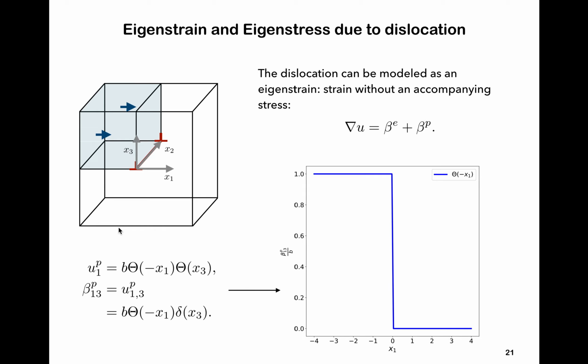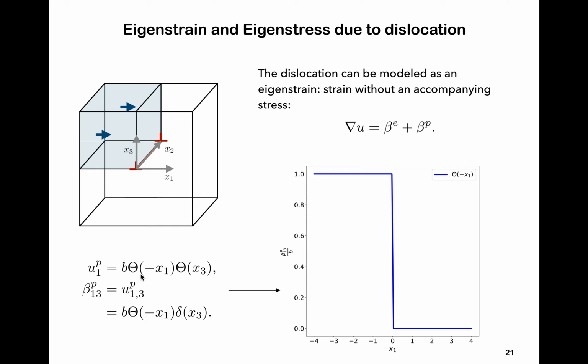This is still the plastic strain, plastic displacement. And of course you also want to have a theta of x3 here, because you have cut it across the slip plane, so there is no plastic slip below the slip plane. There is only a plastic slip above the slip plane. So the only places where you have a plastic slip are when x3 is positive and x1 is negative, and that is exactly given by the product of these two Heaviside functions.